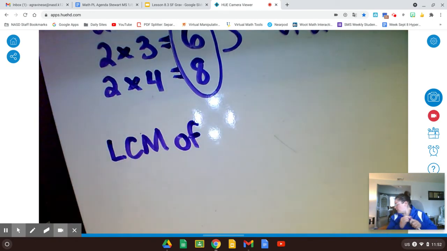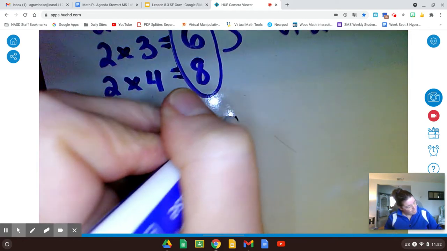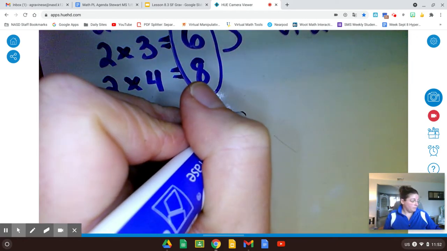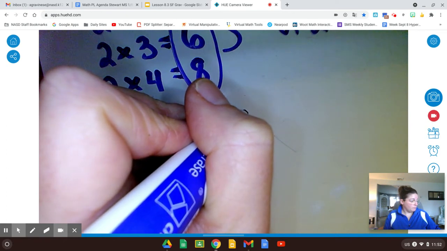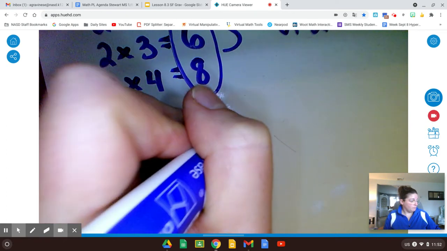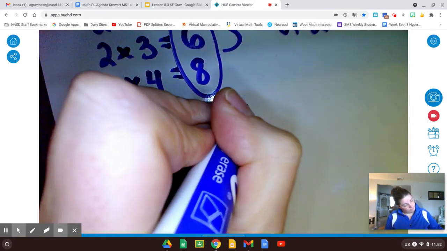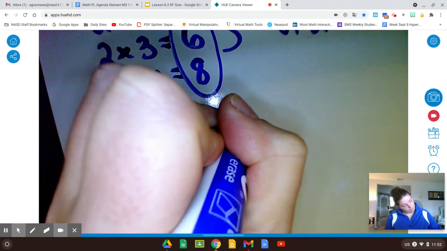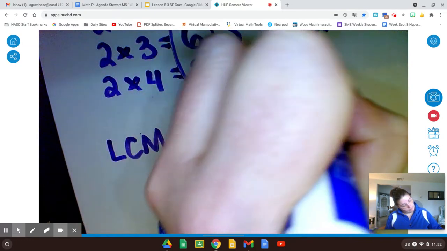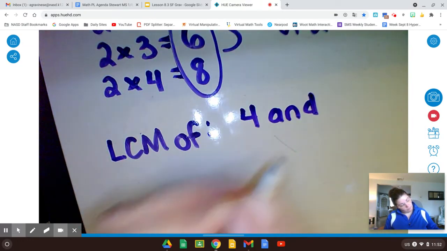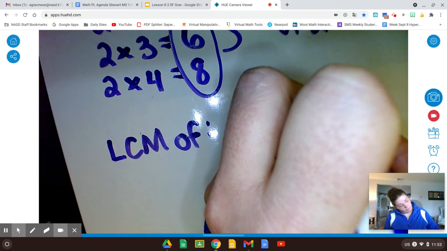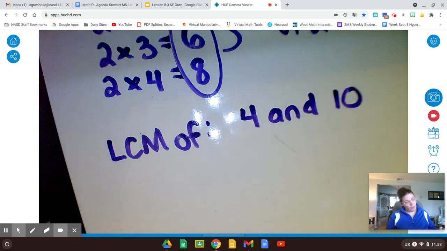We're going to find the least common multiple of 4 and 10.